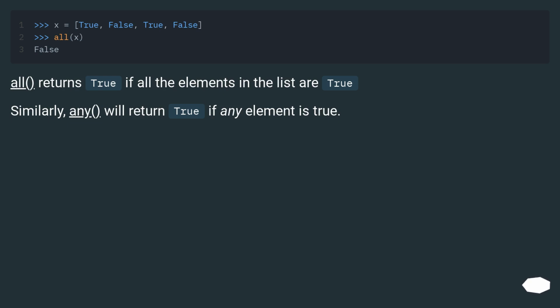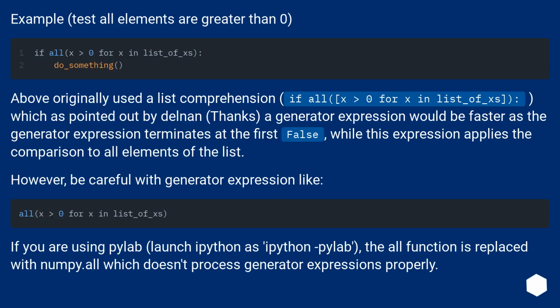Similarly, any will return true if any element is true. Example, test all elements are greater than 0.